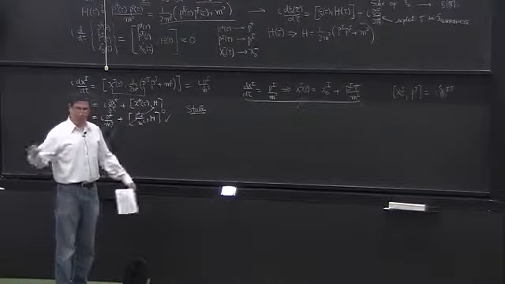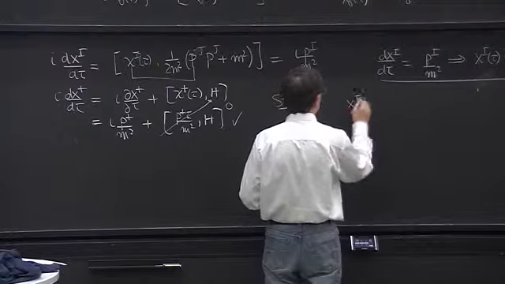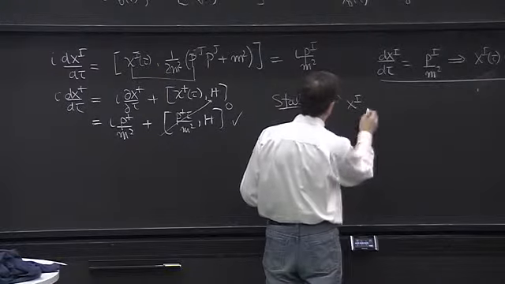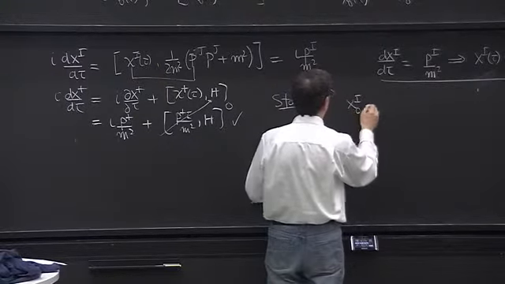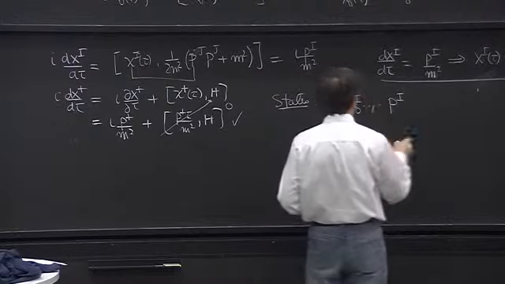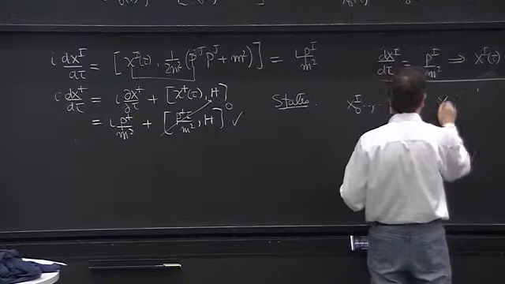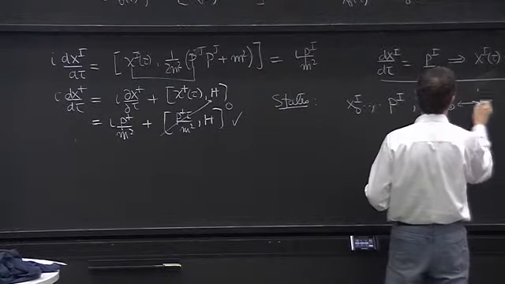You have a Hamiltonian, and what did you have at the end? You have canonical variables, x operators, x0, xi, with pi, a pair of operators that don't commute, and x0 minus and p plus.